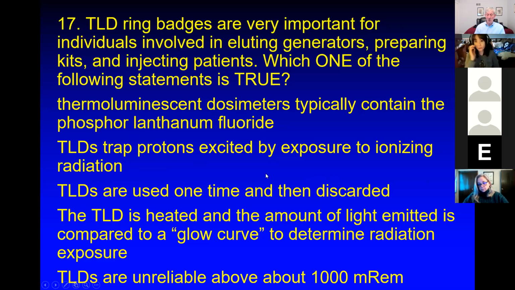That's false. They're reused until people lose them many, many times. The TLD is heated and the amount of light emitted is compared to a glow curve. That is the correct answer. That one is true. And TLDs are unreliable above 1,000 millirems. They go up to many, many rems. So the only one of these that's true is the one about the light emitted and the glow curve.